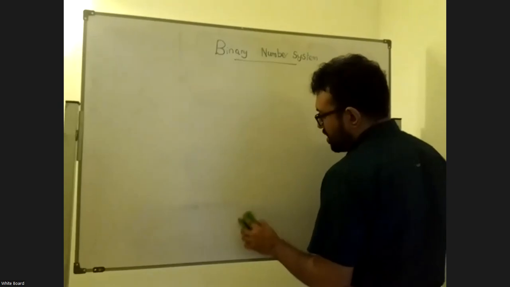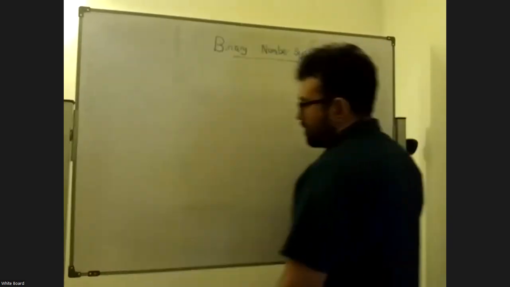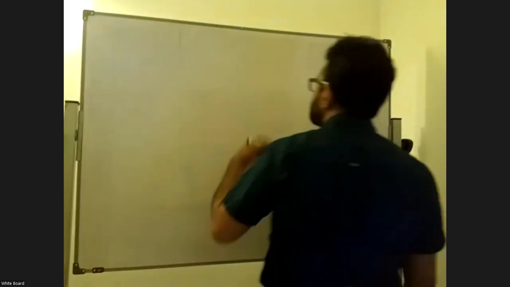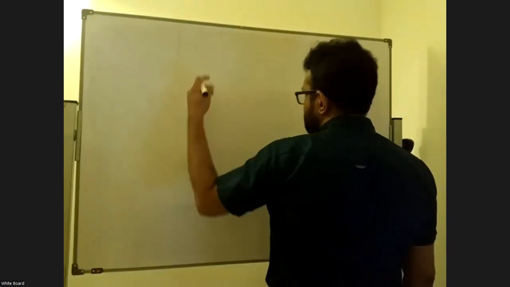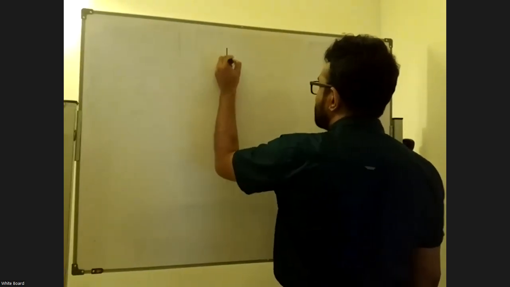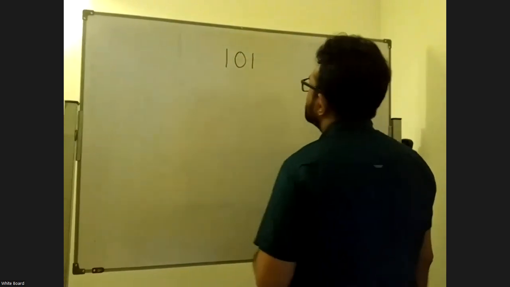So we will not discuss that right now, but we have discussed writing the decimal numbers and how they are made of. Decimal numbers we write like this. The symbols of the decimal numbers are going to be ones and zeros. So a decimal number can be written like 101 like this.